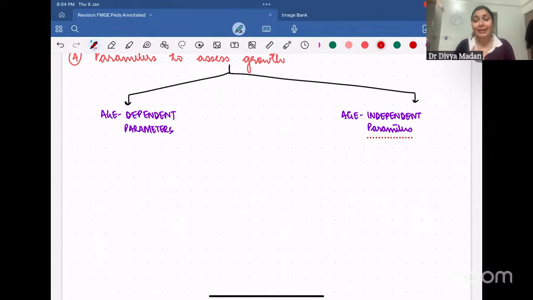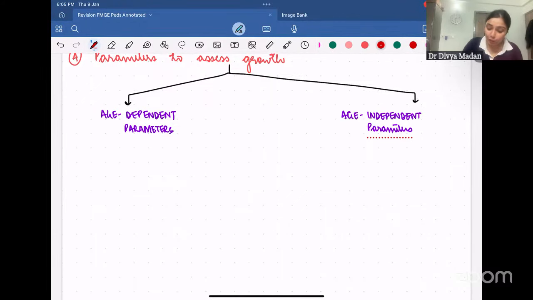But if I say there is a 2-year-old child whose weight is 3 kg, that's definitely not okay, right? Similarly, goes for height. If I say the length of a child is 50 centimeter at birth, that's normal. But if I say the length of a child is 50 centimeter at 1 year of age or 1.5 years of age, that doesn't seem to be normal, right?